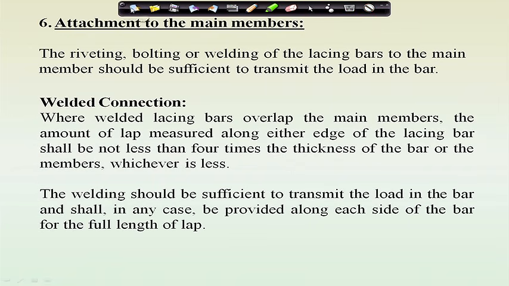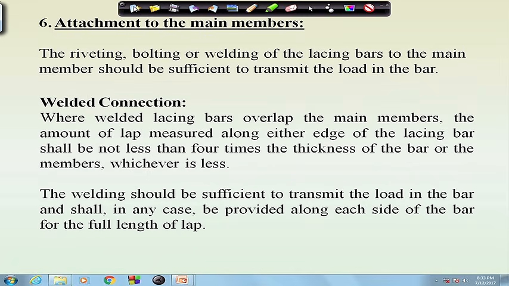Then attachment to main member. Now, we need to find out the number of bolts or welding dimensions for attachment of lacing to the main component. That will depend on the force coming in this lacing member.